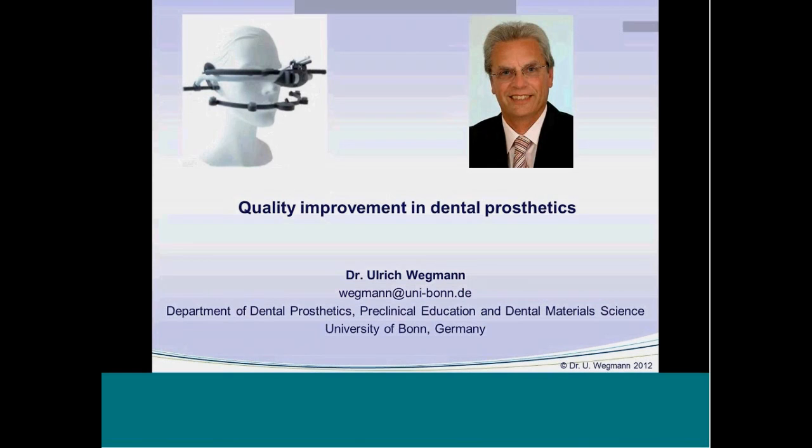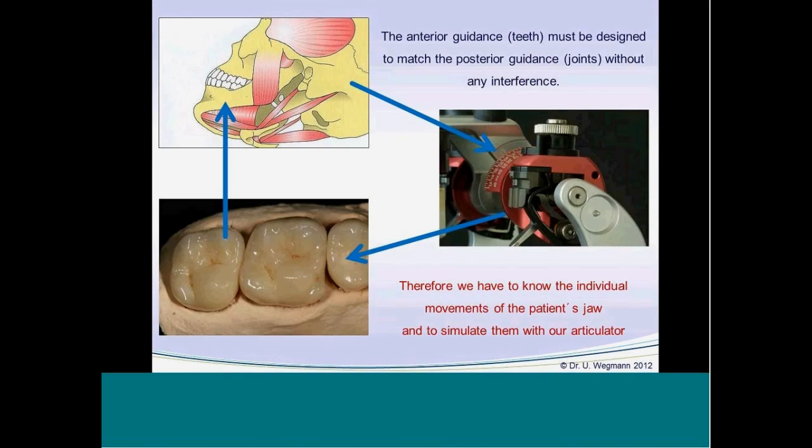But first we have to think about what our task is when we do prosthetics. We have a patient with a very complex functional system, the masticatory system, because we have not only to treat the teeth, we have to treat the whole masticatory system. When we do prosthetics, we have to look at the function of this patient.